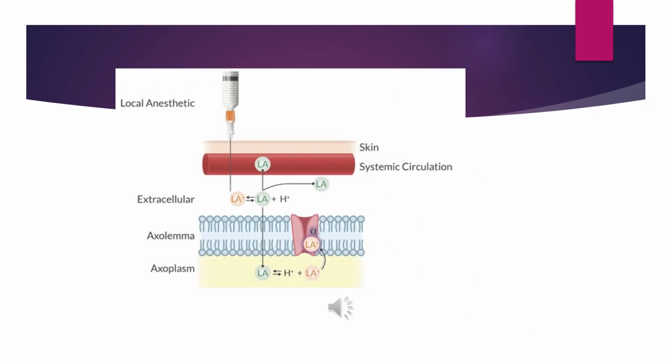But if we inject the LA in the soft tissue in the proximity of the nerve, where there is nerve present, then it enters the nerve sheath or nerve tissue according to its mechanism, according to its diffusion, according to concentration gradient.